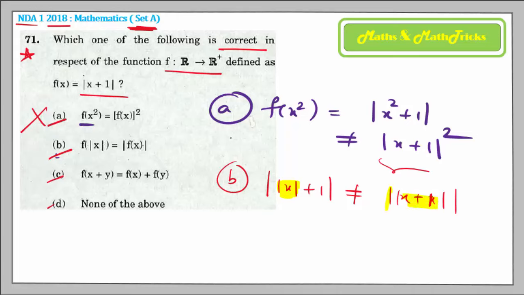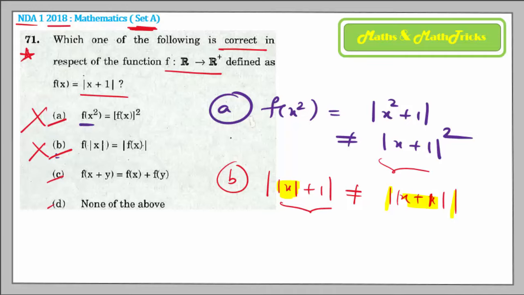So when you apply the definition, when you apply the x less than 0 criteria, this part mod of x plus 1 will be validated differently, and mod of x plus 1 will be validated differently. So you can cross check that. That's why statement B is incorrect, absolutely.